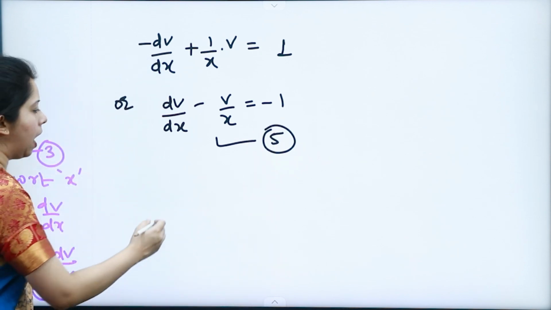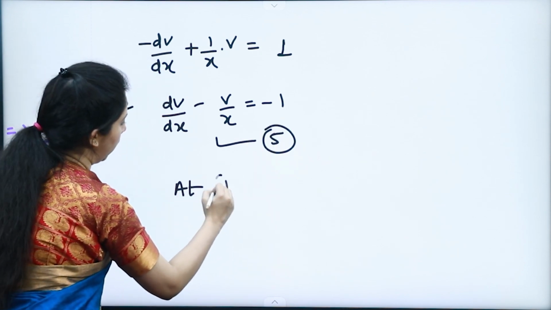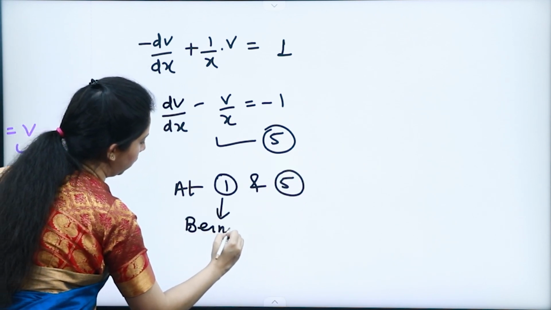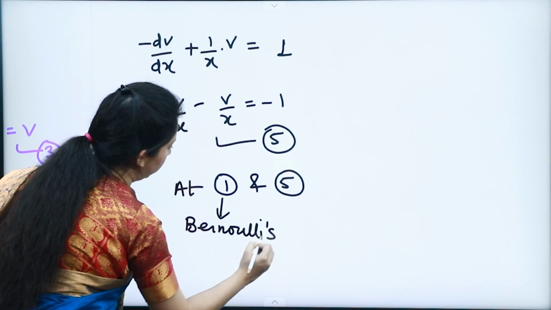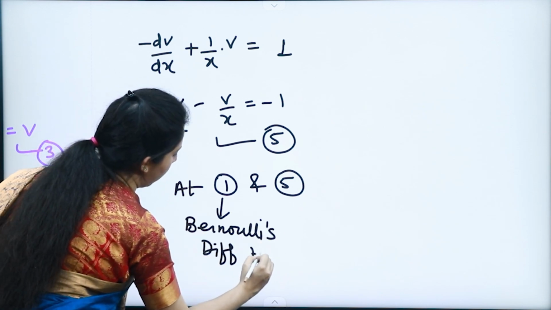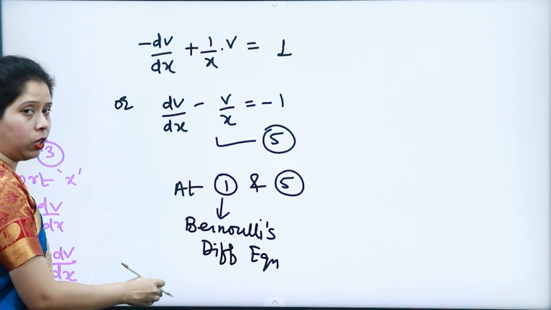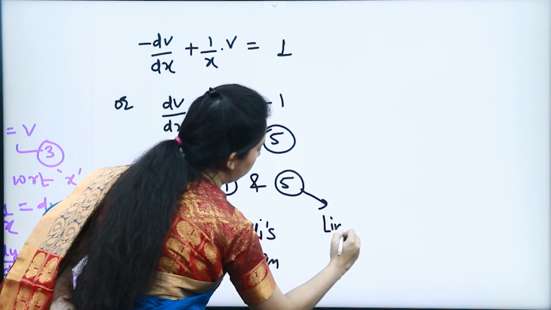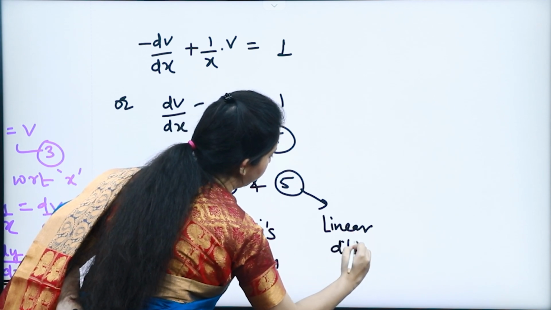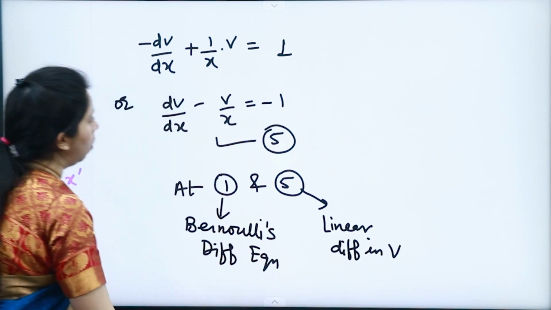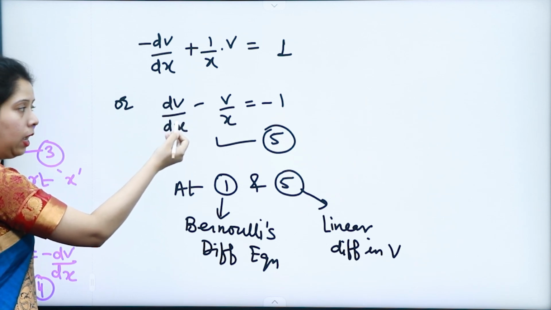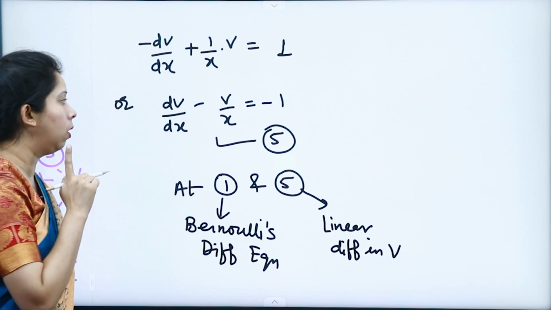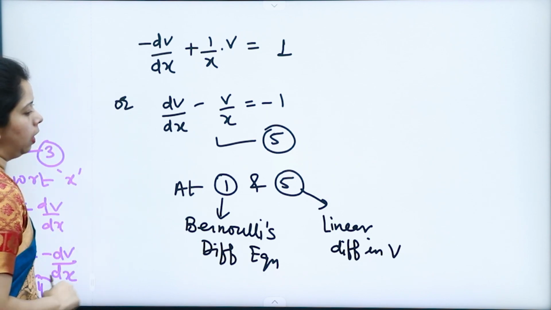Now you can have a look at equation number 1 and equation 5. Equation 1 is a Bernoulli differential equation, and with the help of these substitutions you have transformed the Bernoulli differential equation, which is a non-linear differential equation, into a linear differential equation in v. Why? Because the dependent variable over here is v and the degree of v and its derivatives, they are all in 1 degree. So therefore, this is a linear differential equation.